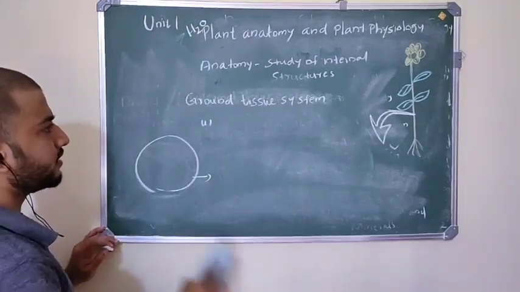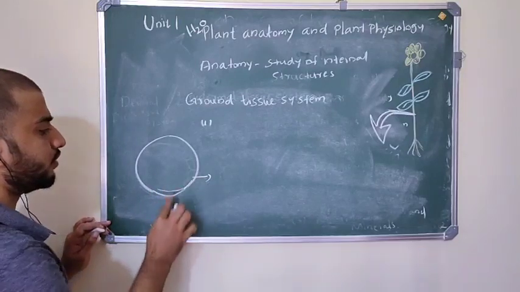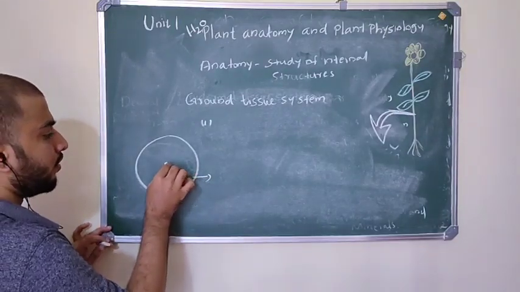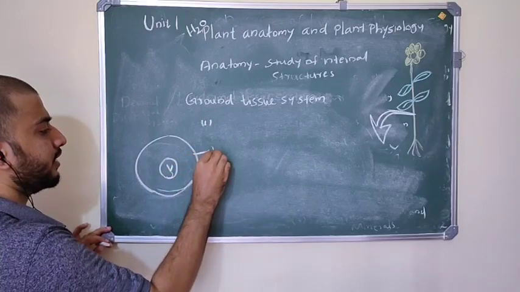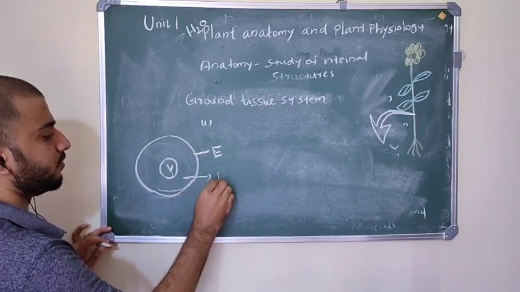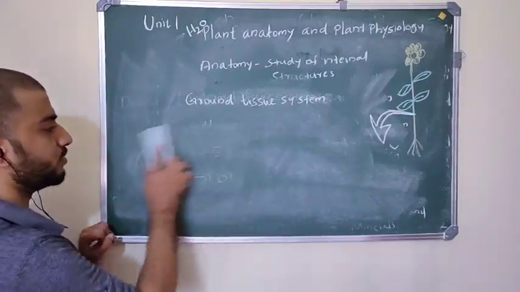We are going to discuss the second type of tissue system, the ground tissue system. You know the ground tissue system is present in between the vascular tissue system and the epidermal tissue system. Okay, so let's check the components of the ground tissue system.